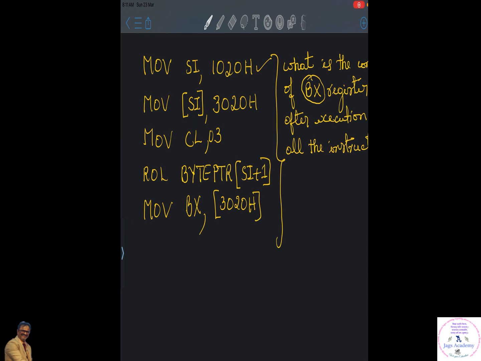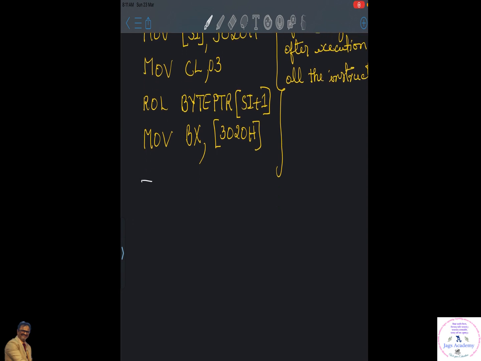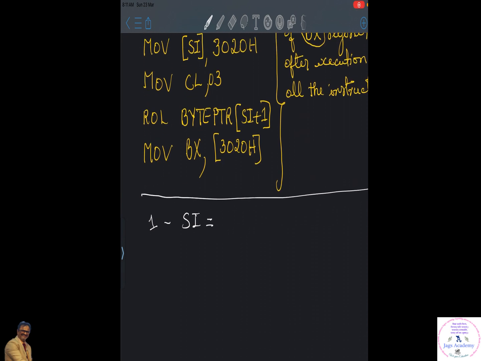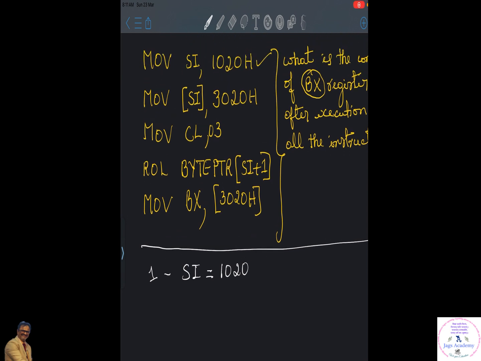So now you can make one small note here. For the first instruction, your SI register is equal to 1020. Now let us go to the next instruction.